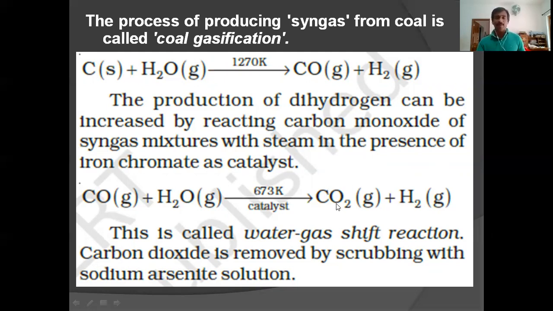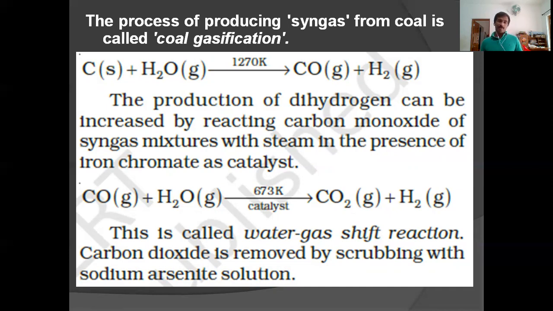You can add this equation with any of these. If you are adding this with this equation, C plus H2O will give CO plus H2, and CO plus H2 plus H2O gives CO2 plus 2H2. In that way, you'll get an increased amount of hydrogen, and the CO2 can be separated easily by dissolving it in water or in sodium arsenite solution.